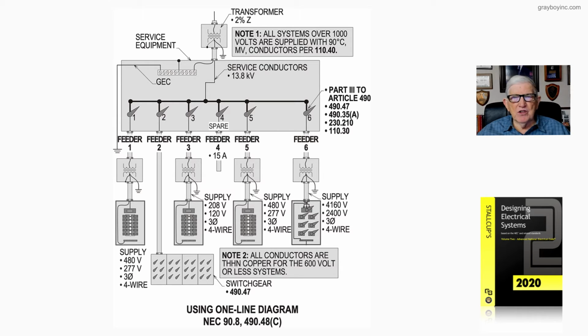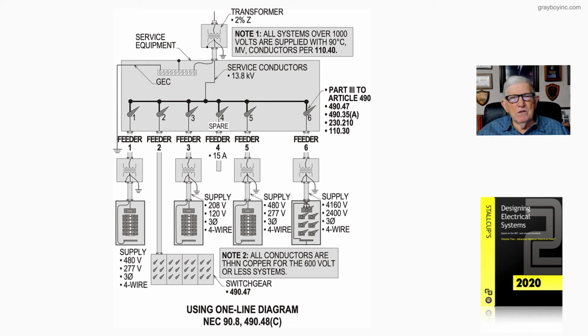But for the switchgear, the components, and everything in the switchgear, you go to Article 490. In this illustration, you can see 490.47, 490.35(A), 230.210, and 110.30 would pick up some very important information in the NEC sections referenced there.